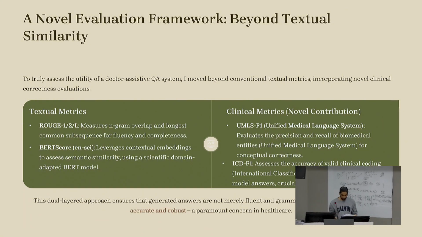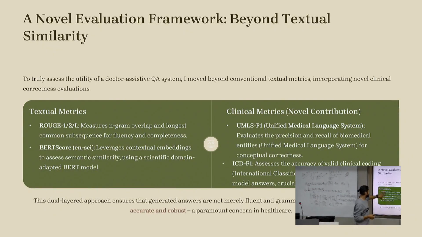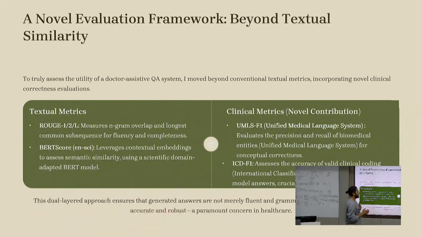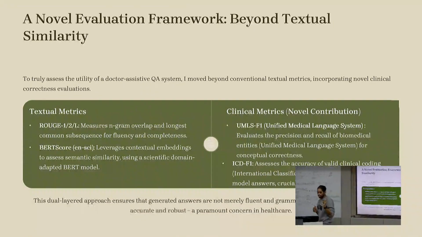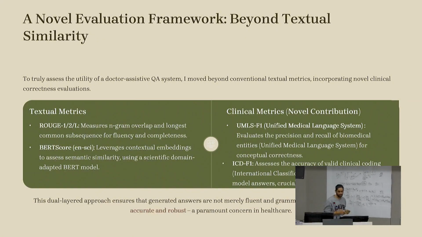In my case, I'm using those too, but in addition, I'm using the UMLS score and the ICD score. The UMLS score evaluates the precision and recall for biomedical entities from Unified Medical Language System conceptual answers, and the ICD F1 assesses the accuracy of valid clinical coding in the International Classification of Diseases using the model answer.